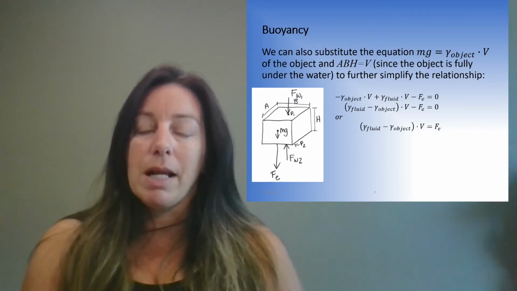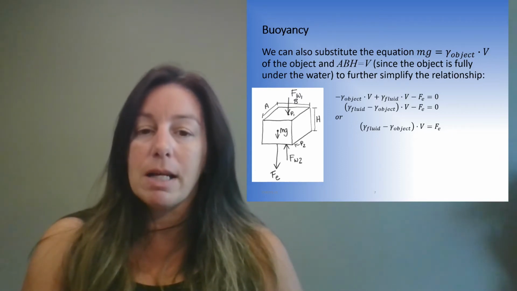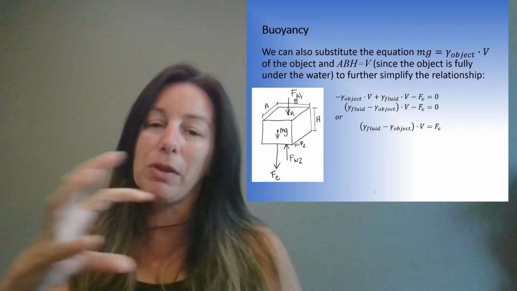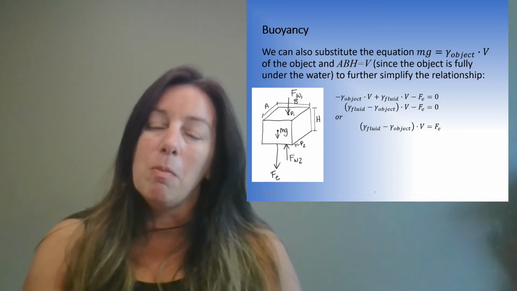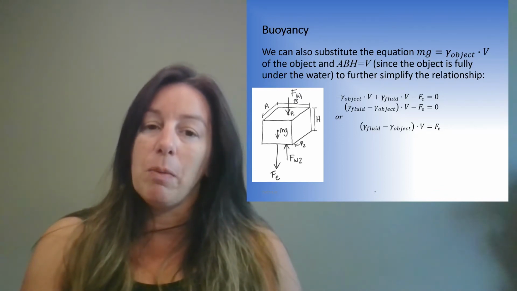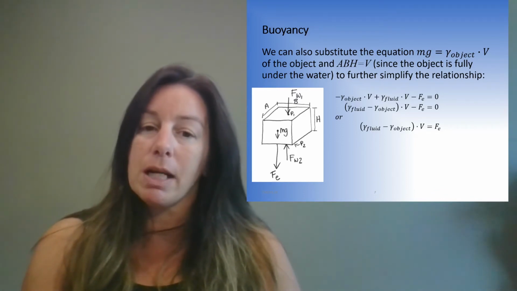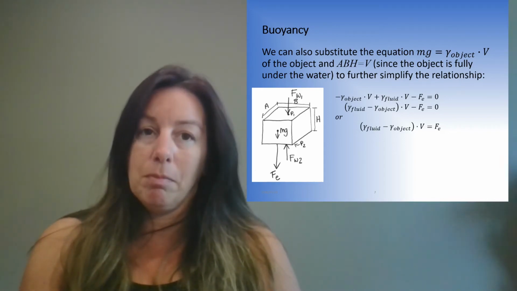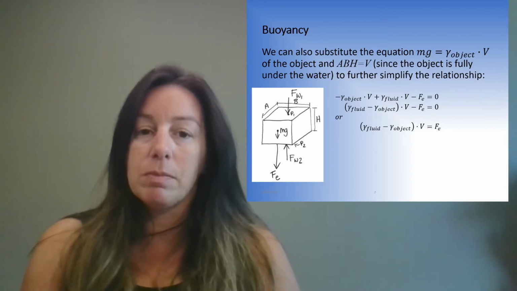So look at some things. The volume of the object and the volume displaced, wow, they're the same. So we can pull that out, and we've got a little bit more simplified equation. The unit weight of the fluid minus the unit weight of the object, times the volume, minus this pulling force down is equal to 0.